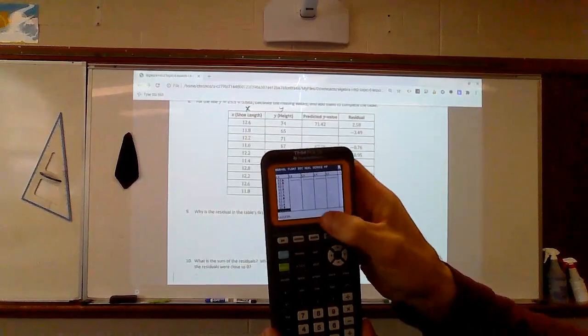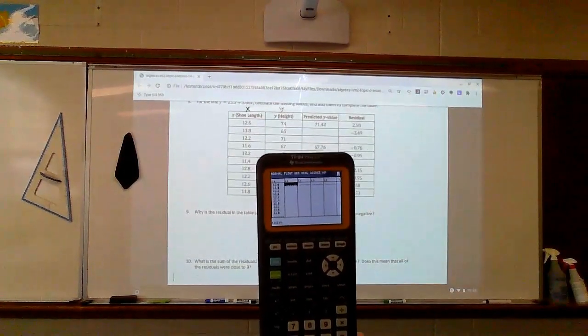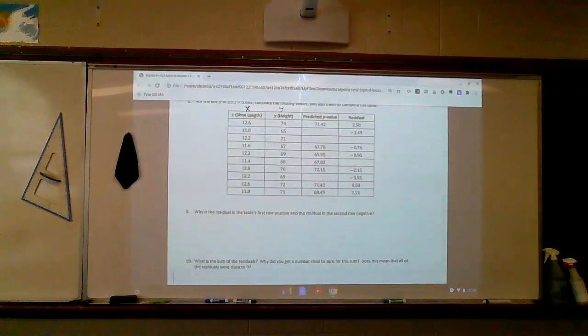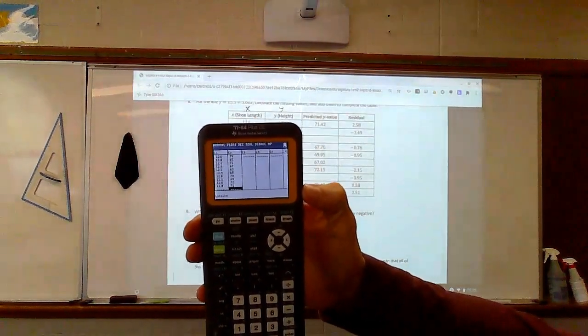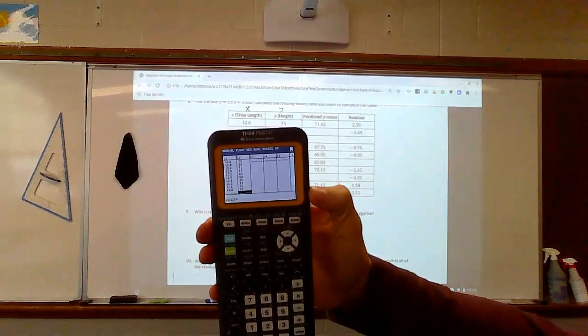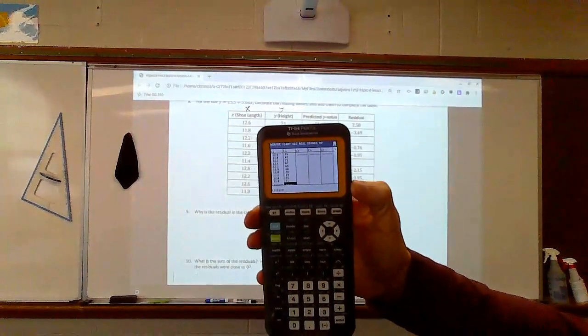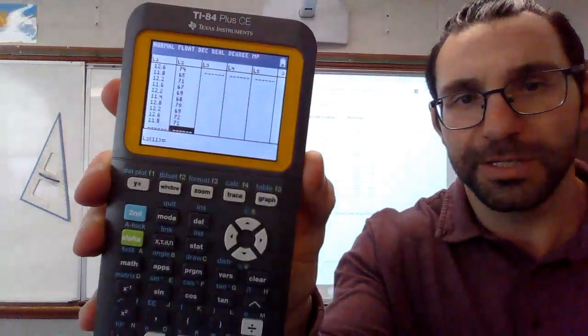I press enter and it says L1 11. There's nothing there. Now I go to L2 and I enter in all of my L2. 74, 65, 71, 67, 69, 68, 70, 69, 72, 71. Notice how all of my data matches up at the bottom, 11 and 8/10 and 71. If I had an extra number down here in my x and not my y, I did something wrong. Okay, I don't know how well you can see that, but there's my numbers.